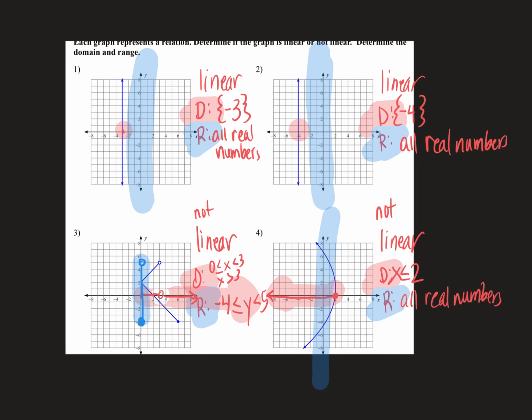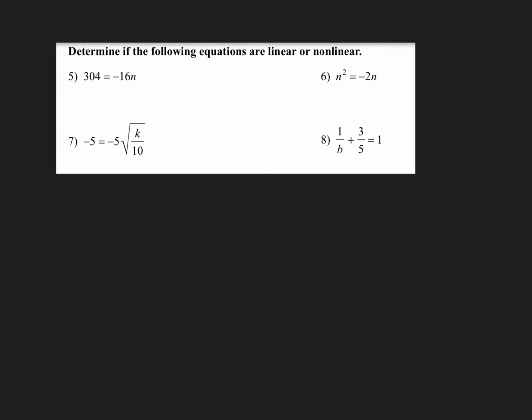Okay, moving right along. So for 5 through 8, we have to look at these equations and decide if they are linear or not linear. So let's talk for just a moment about what makes an equation linear.